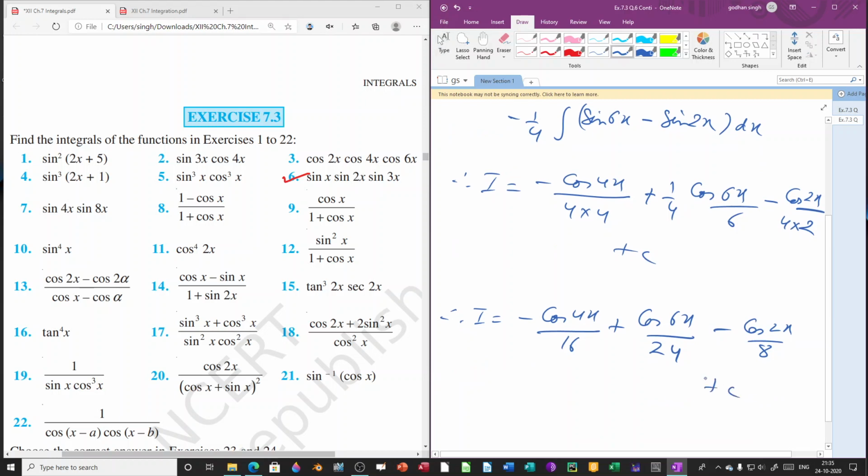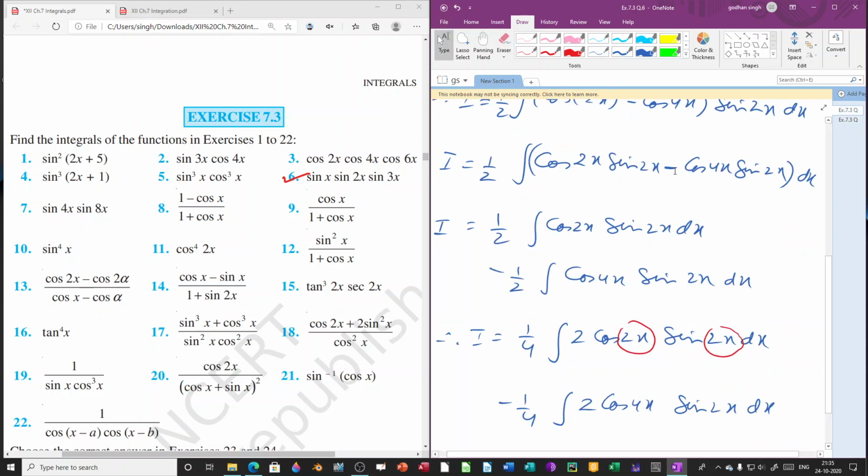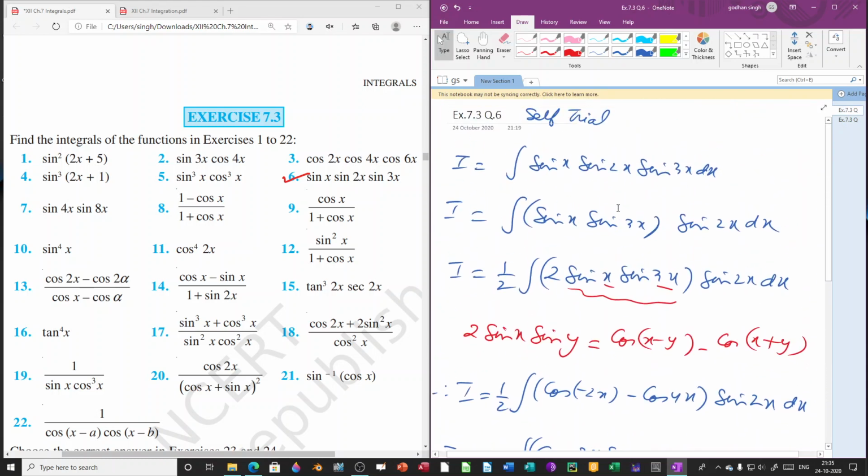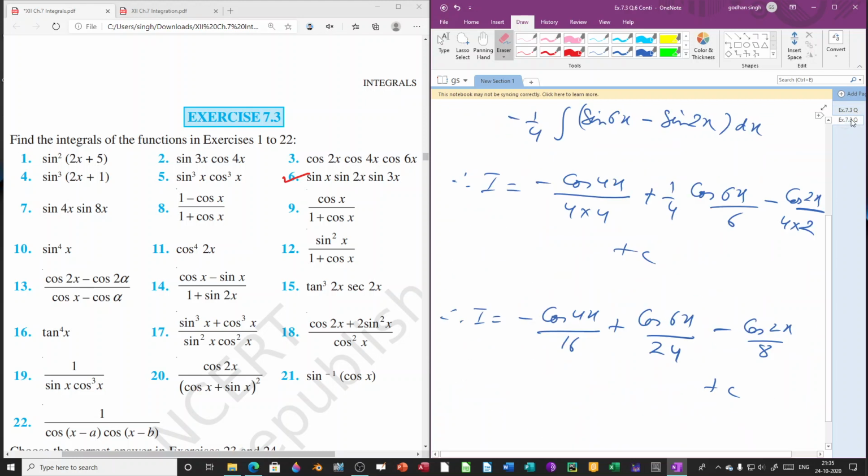So this is the answer of our question number 6. So let us do the correction here, which I have done. It's not for self trial because I have already done it, so there is no point of writing a self trial here. So this is the solution, and this is the final answer of this question number 6.